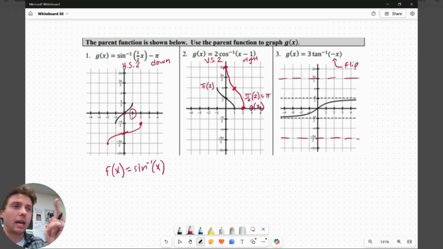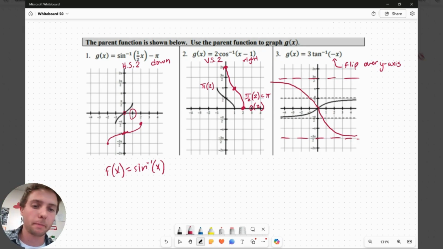In order to flip the x, that would change the y. So it's a flip over the y-axis. So now, flipping each of those values as well would give us something that looks like this. And now we have our images.